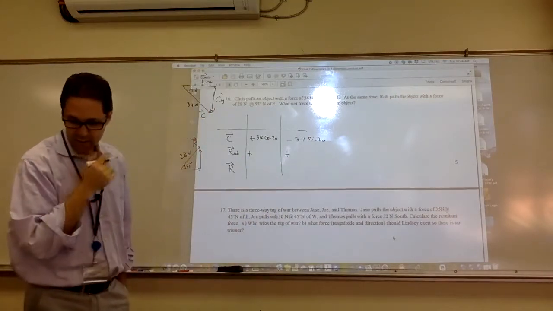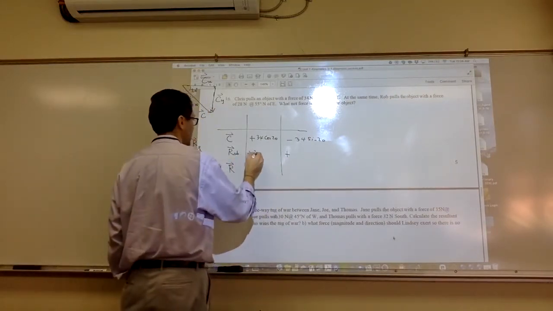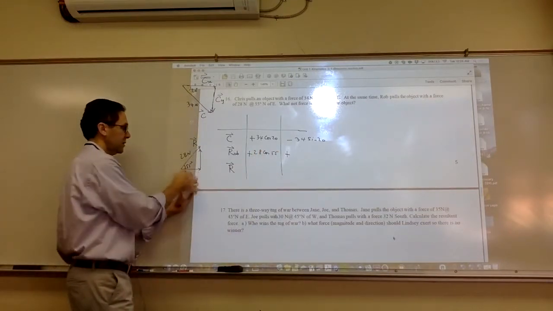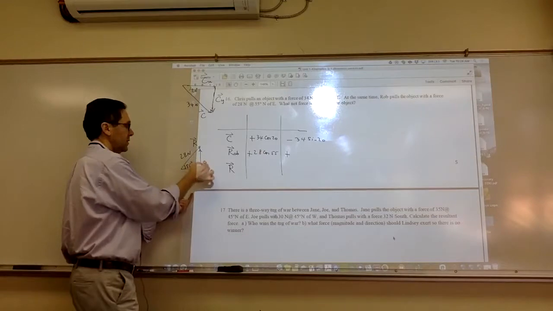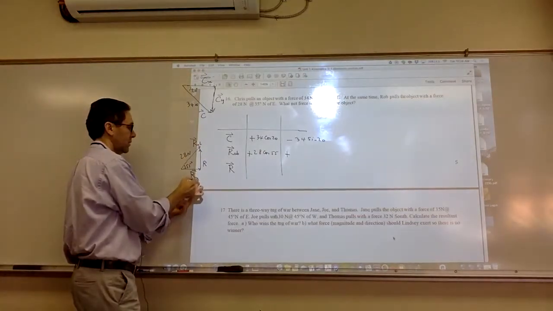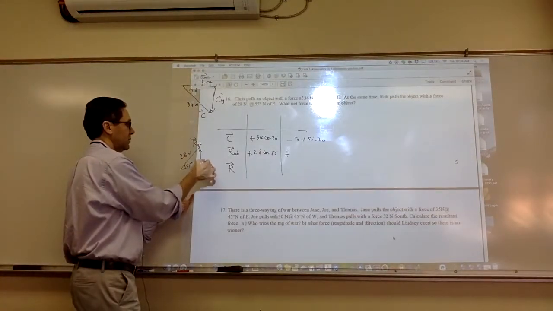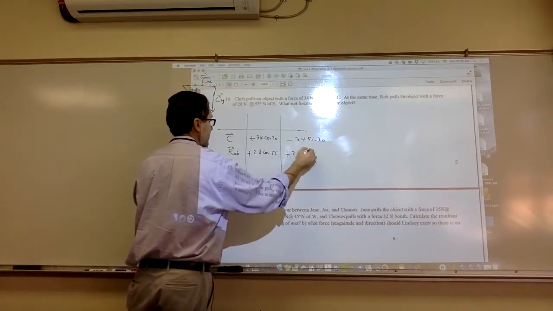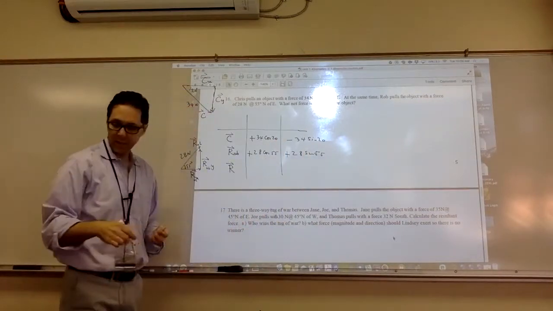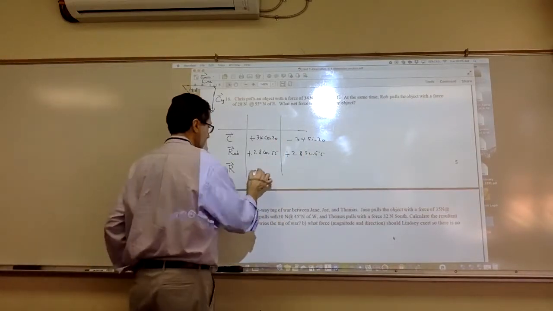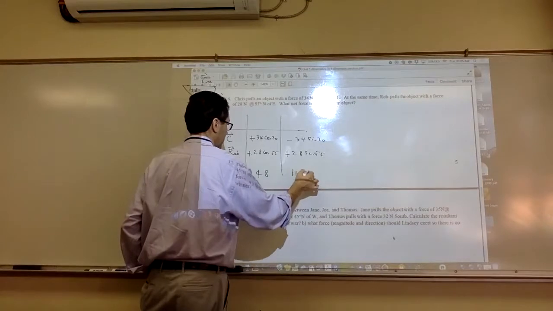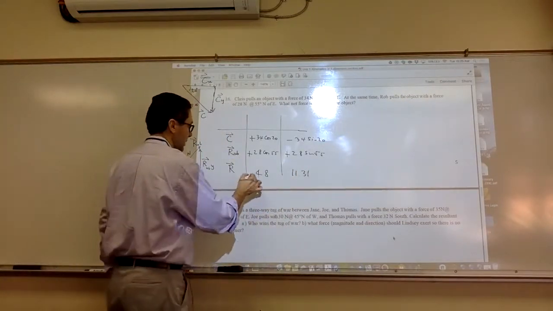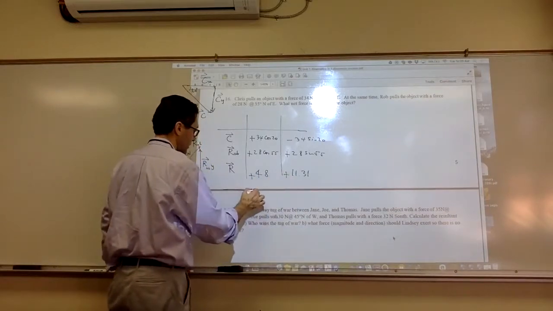For Rob, it's 28 cosine of 55, this is Rx, and this is Rob Y, 28 sine of 55. Now you put that in your calculator and add, and you should get 48 here and 11.31.